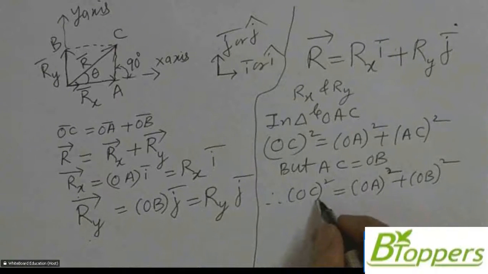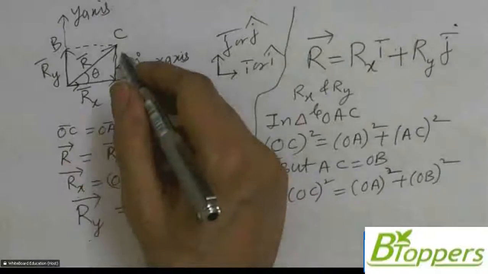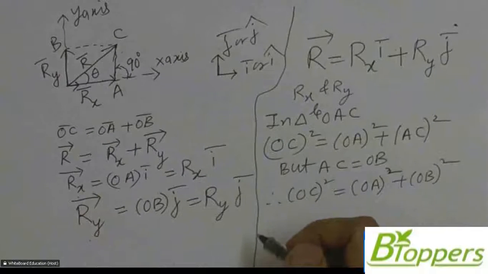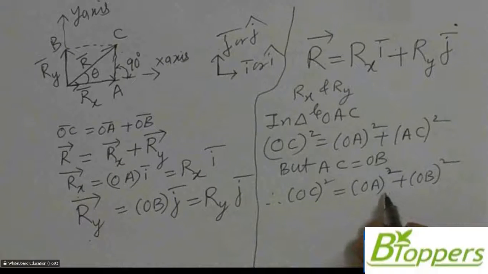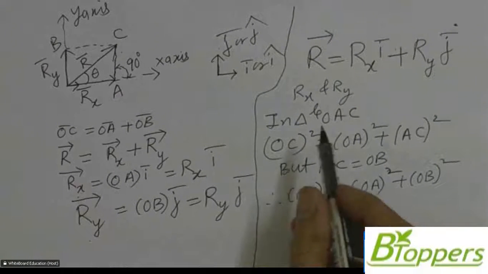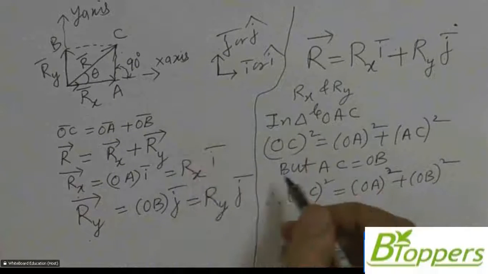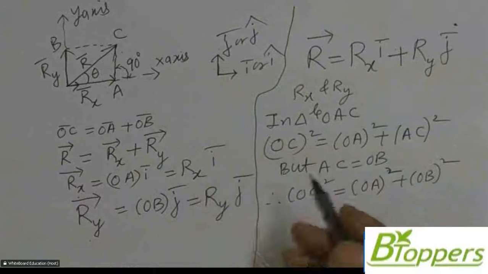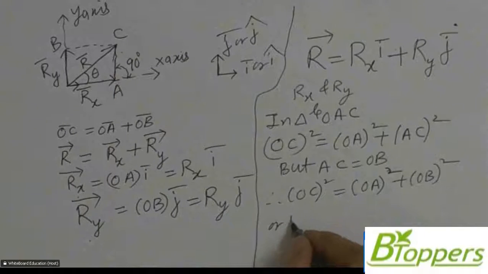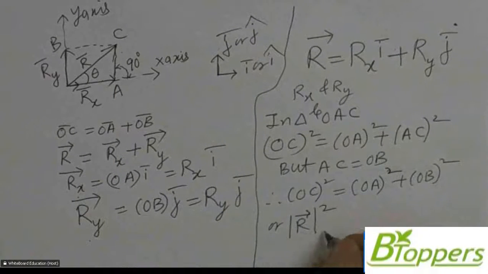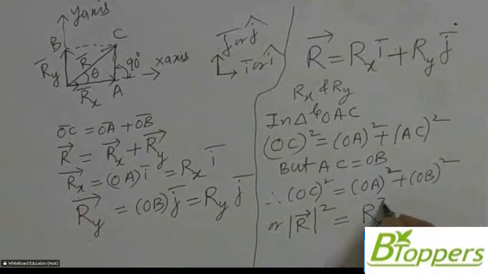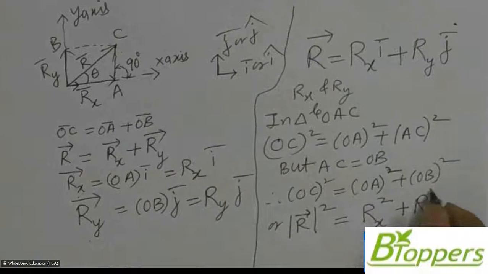The length of the line OC gives you the magnitude of the vector R bar, or modulus of vector R bar. The length of the line OA gives you the Rx. The length of the line OB will be equal to Ry. Therefore, the square of the magnitude of vector R bar is equal to the square of the magnitude of the x component plus the square of the magnitude of the y component.